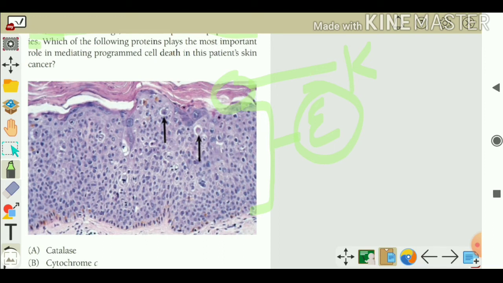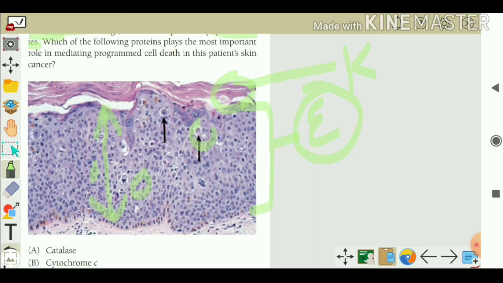Whenever you see atypically large nuclei, you should think about cancer. So it is an example of squamous cell carcinoma. We can see atypical cells, the thickness is very much, and apoptotic inclusion bodies.